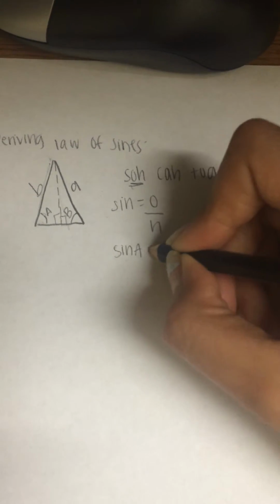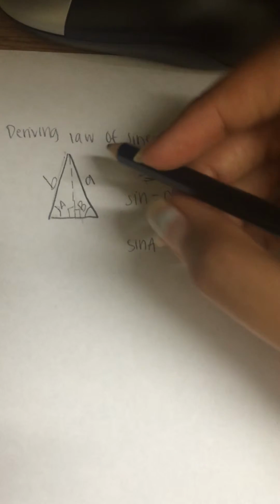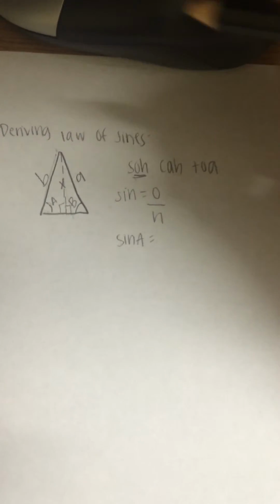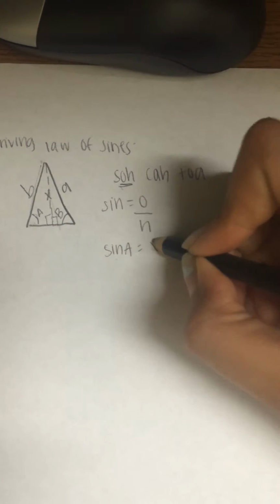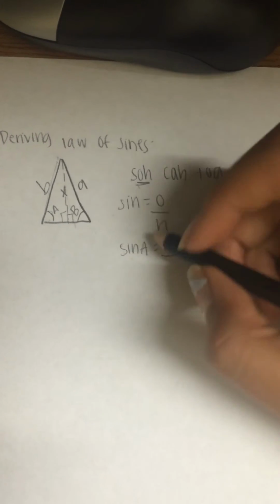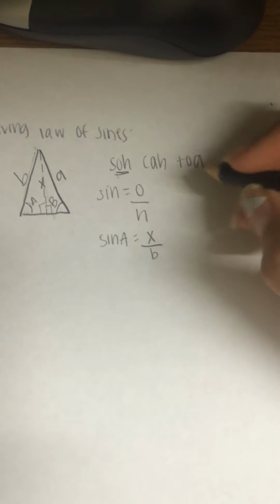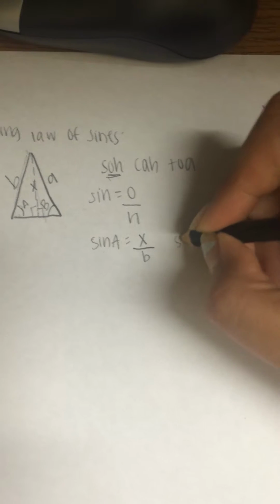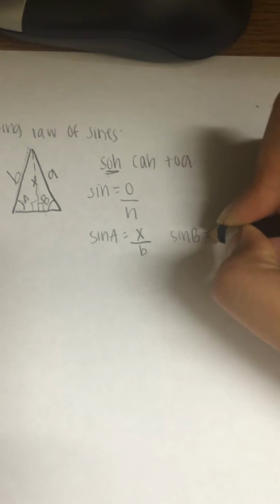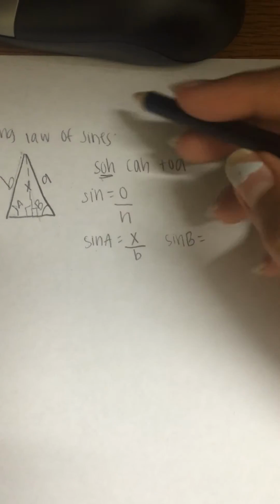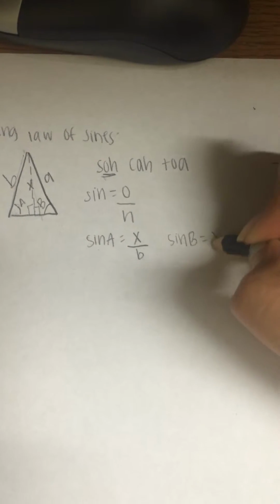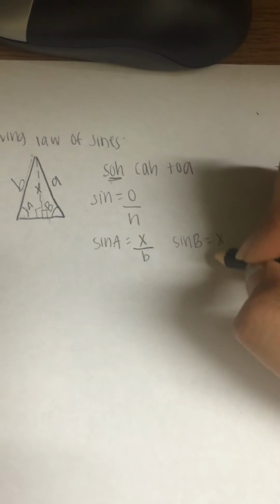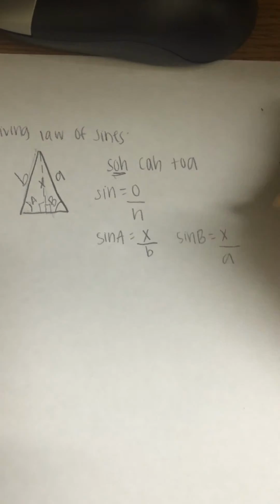Sine of angle A is equal to its opposite. We're going to call the altitude x. So opposite, which is x, over its hypotenuse, b. Now we're going to do the same thing with angle B. Sine of angle B is equal to its opposite, which is x, over its hypotenuse, which is a.